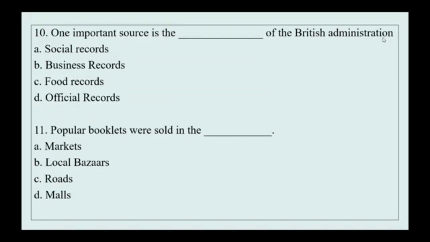So one important source is the official records of the British administration. The 11th question is, popular booklets were sold in the dash. Option A, markets. Option B, local bazaars. Option C, roads. Option D, malls. Which one is the right answer? Option B, local bazaars.